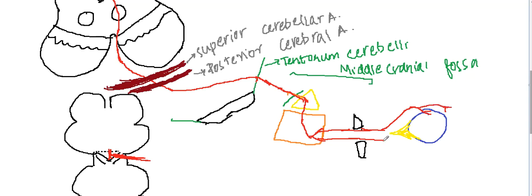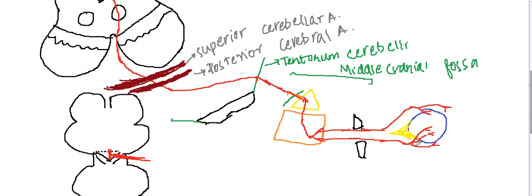Whereas the larger inferior division of the oculomotor nerve passes below the optic nerve, and it gives three branches: one to the medial rectus, the other to the lateral rectus. This is the medial side, so one to the medial rectus, another to the lateral rectus, whereas the next one goes to the inferior rectus.